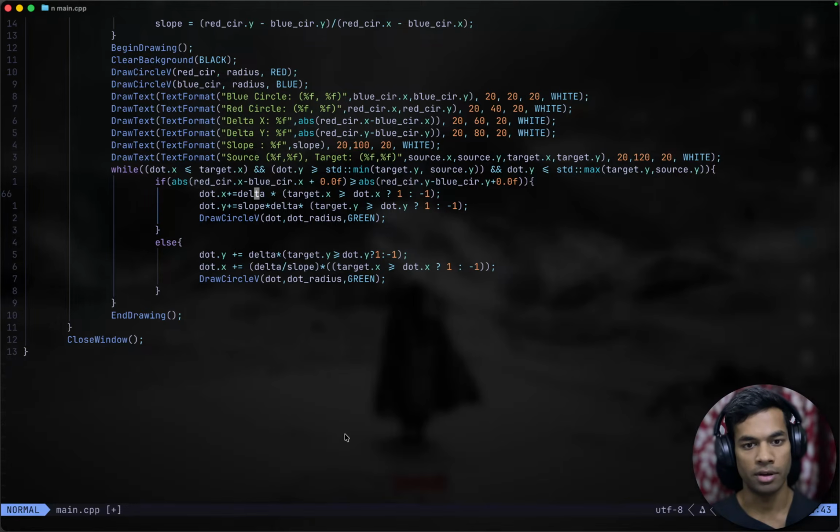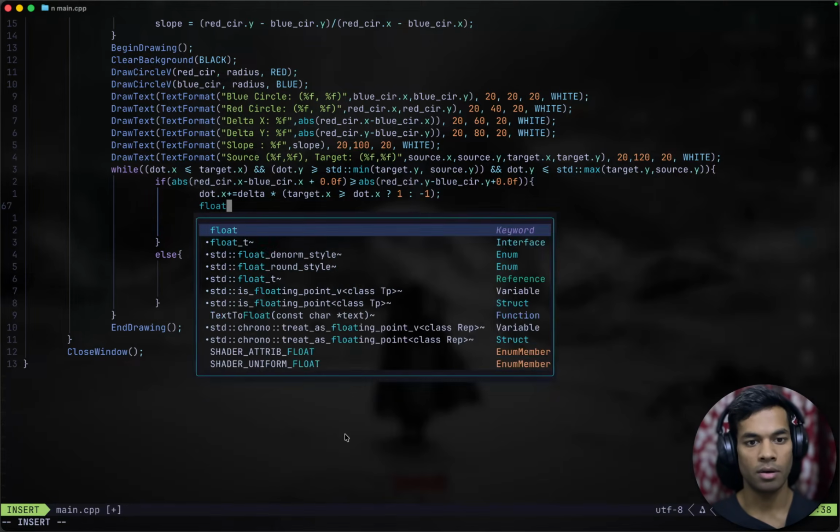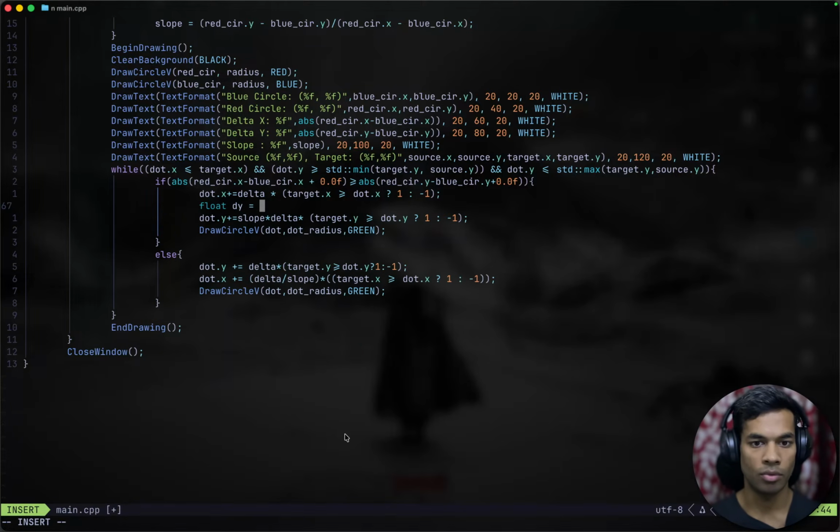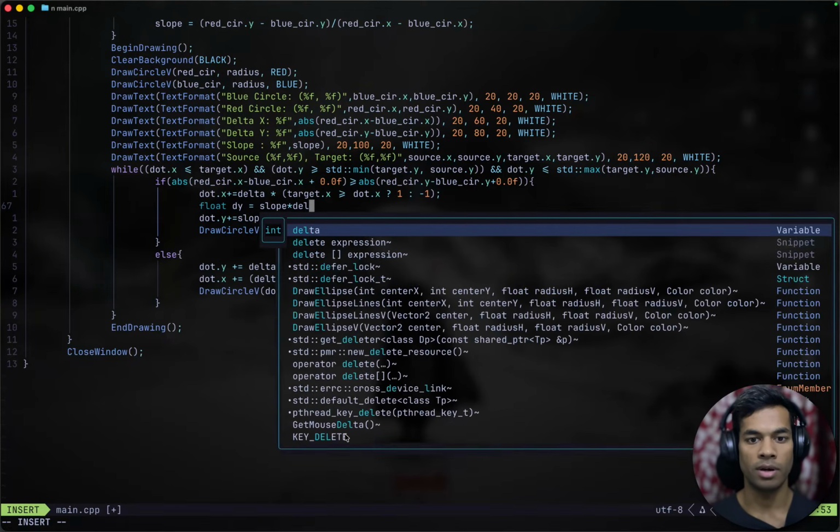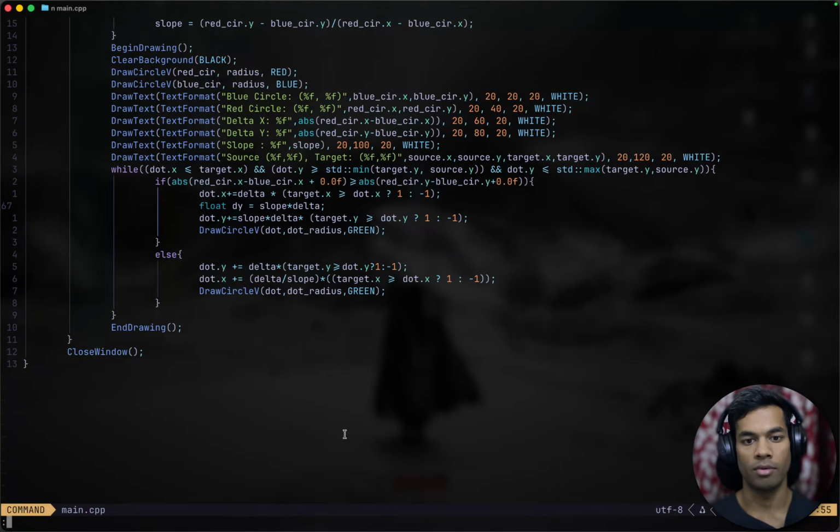But here, float dy equals slope into delta, and the slope can be negative.